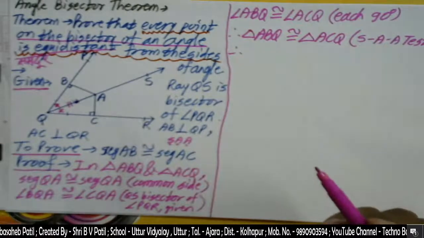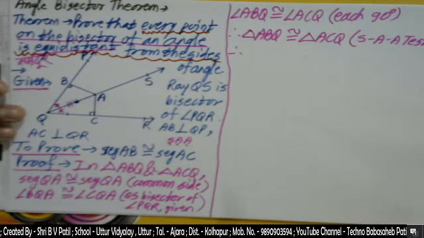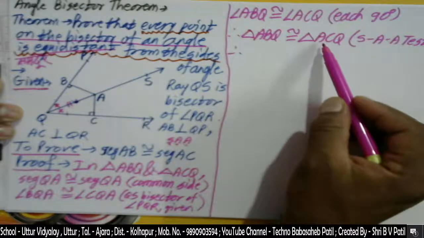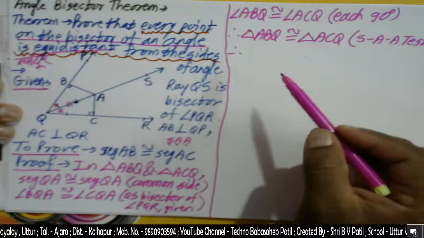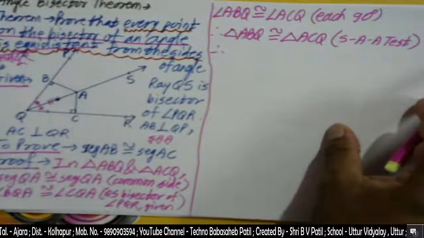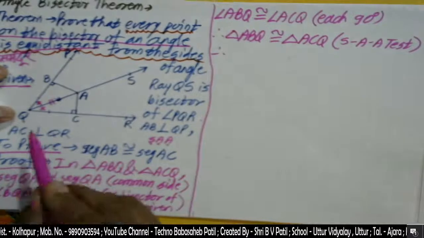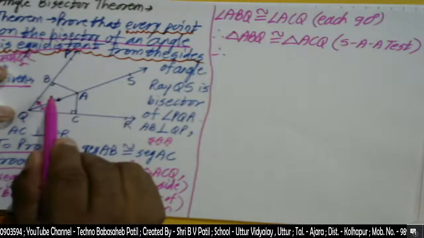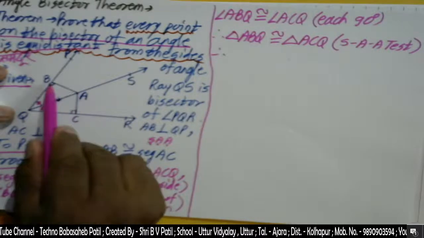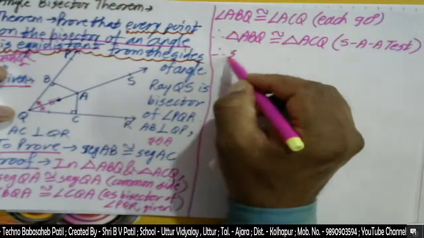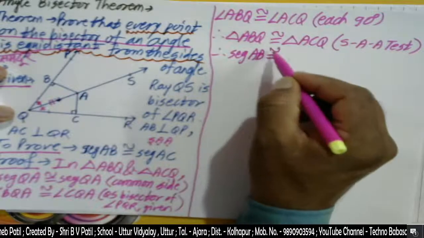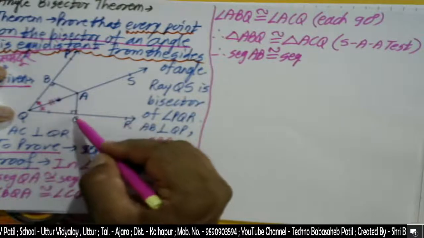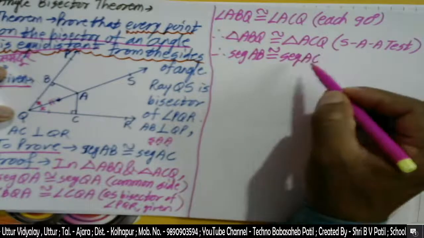Therefore, we can say that if two triangles are congruent, then their corresponding sides and angles are also congruent. Then here side is essential in to prove, that is we want segment AB congruent with segment AC, its corresponding segment.